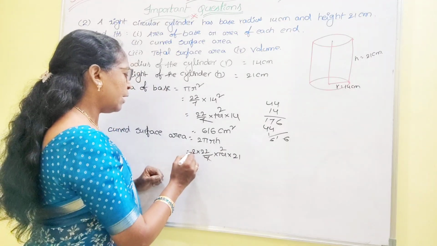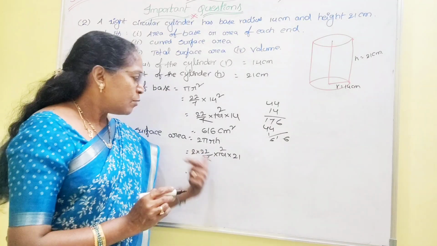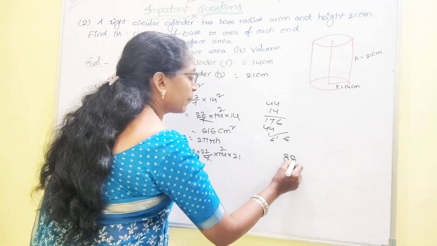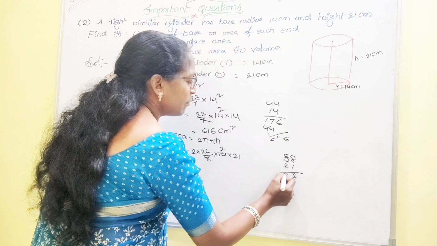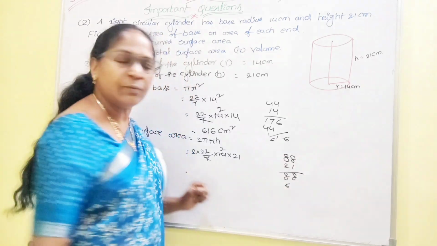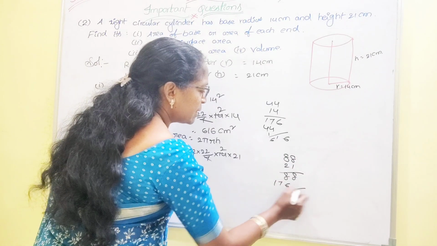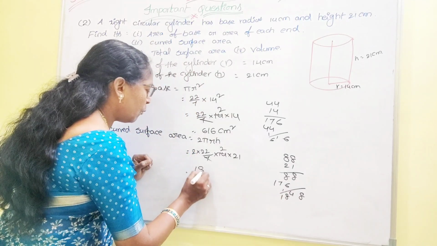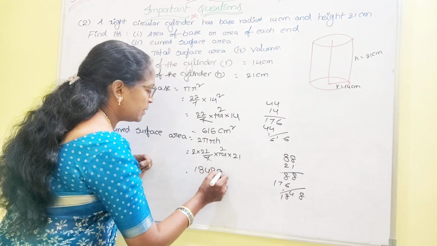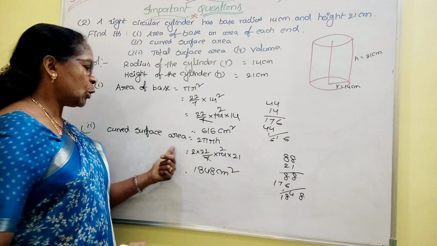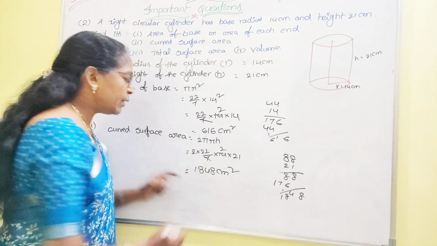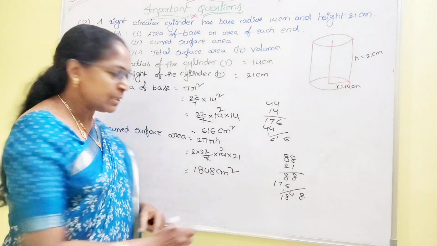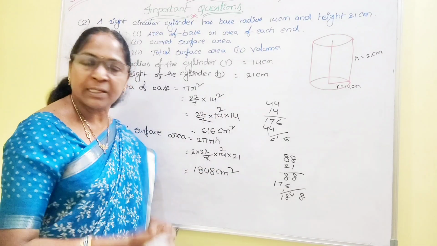Now you multiply. 2 twenty-twos are 44. 44 twos are 88. 88 into 21. Now 8, 2 eights are 16, again 2 eights are 16, 16 plus 1 is 17. Now 8, 6 plus 8 is 14, 8, 1. That means 1848 centimeter square. This is also an area, so the unit of area is centimeter square. Here the values are given in centimeter, so you have to mention centimeter square.